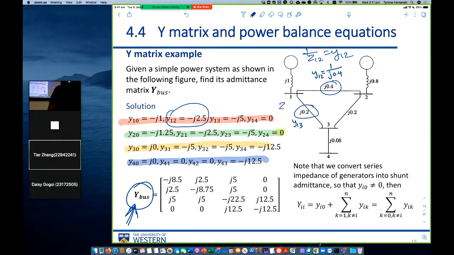That is Z13. If I take the inverse of that, then it will be Y13. So the inverse of j0.2 is minus j5. Minus j5 is this value here, Y13.